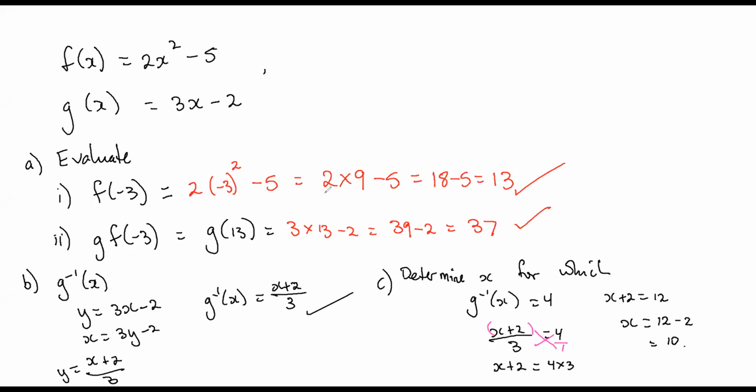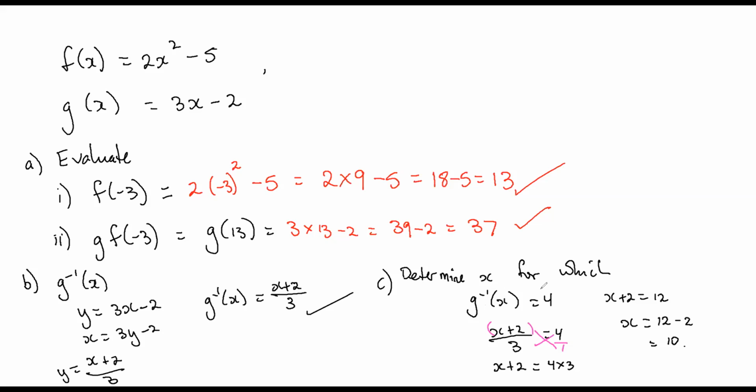Right. Now this question, I'm laughing at this question, because it's asking you to determine the value for x for which g inverse is 4. Well, what is g inverse? G inverse is basically working backwards. You use this function to determine what you started with.